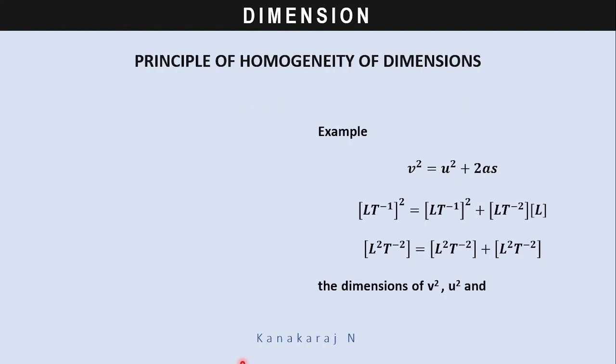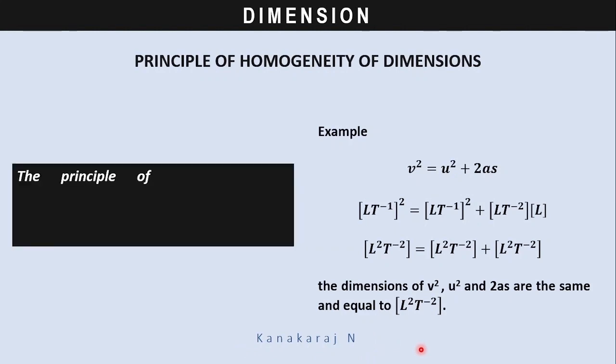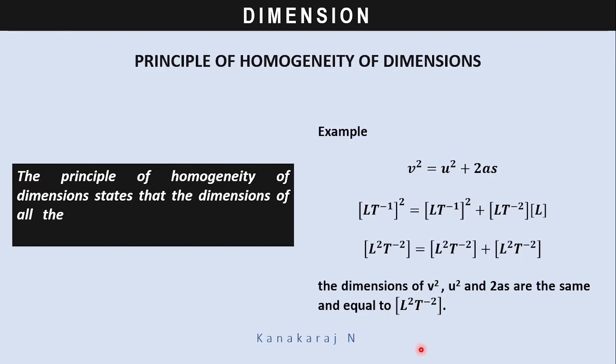The dimensions of v square, u square and 2as are the same and equal to L square T power minus 2. The principle of homogeneity of dimensions states that the dimensions of all the terms in a physical expression should be the same.